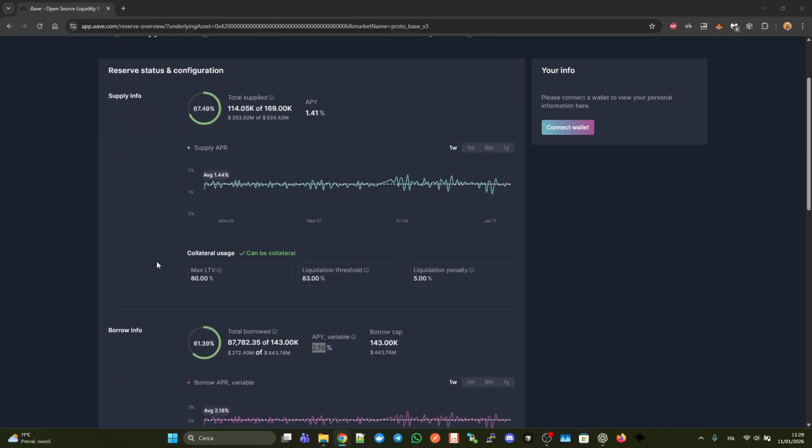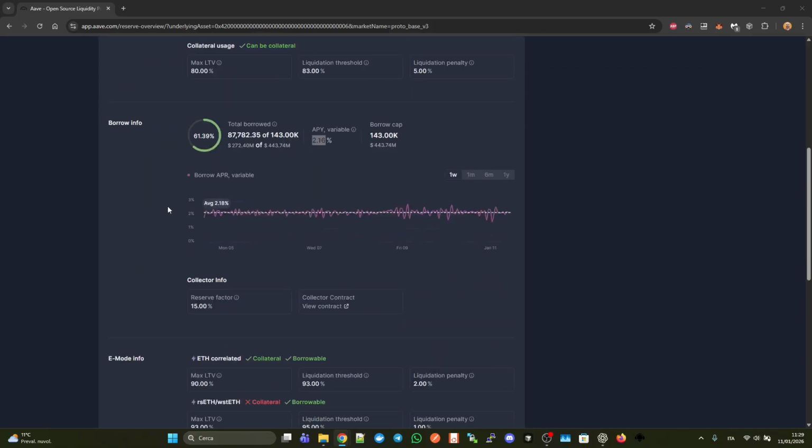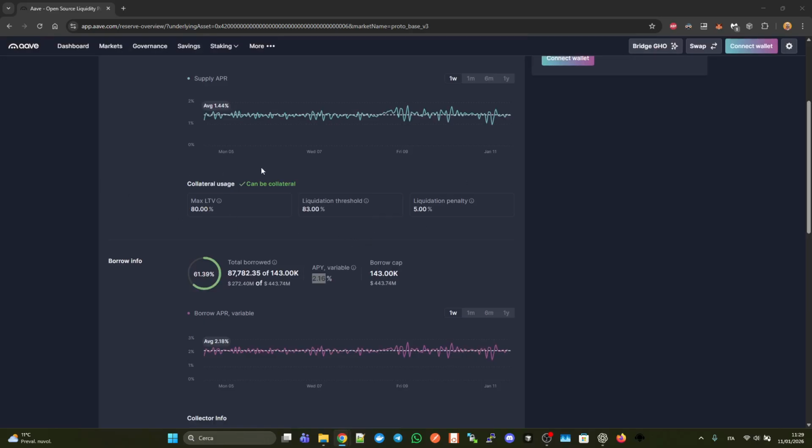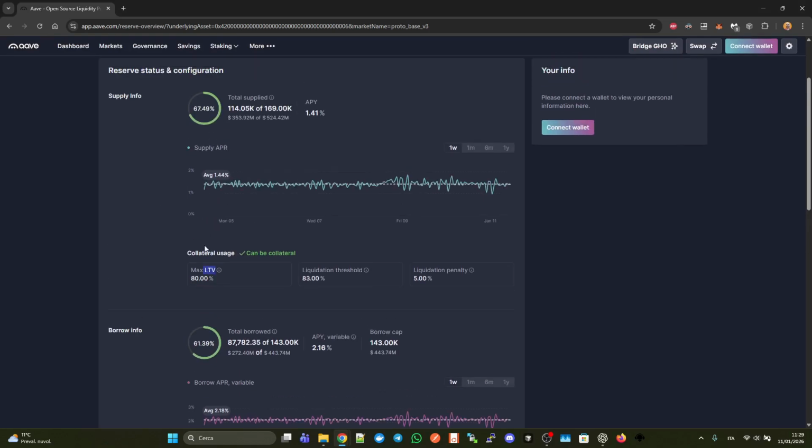Now you can see here the metrics we were talking about earlier. The maximum loan to value is the maximum amount that you can borrow. So you can borrow a maximum of 80% of the collateral that you provide, and the liquidation threshold is 83%.